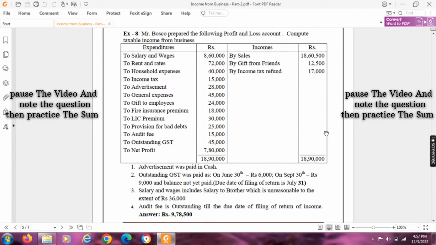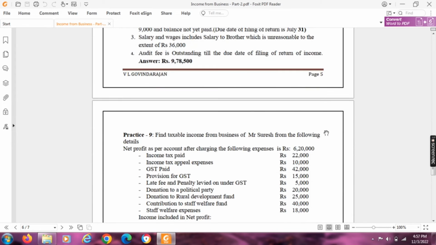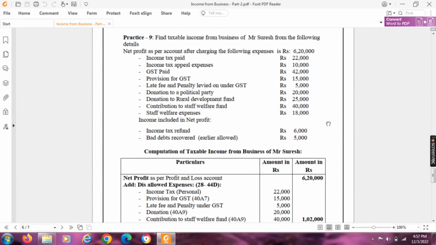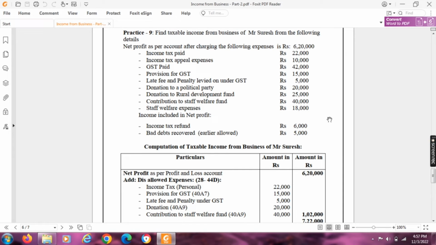Now practice 9. Find the taxable income from business of Mr. Suresh from the following details. Actually, in the problem, it was not given as an income and expenditure account. It was given as a statement. Net profit as per account after charging the following expenses, 6,20,000.